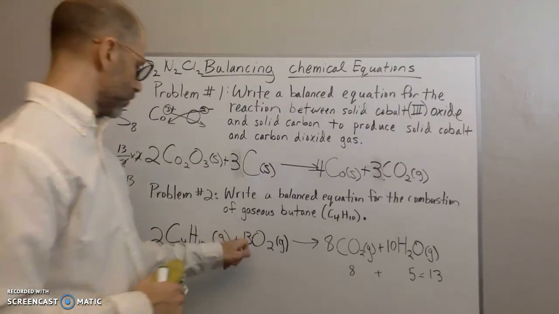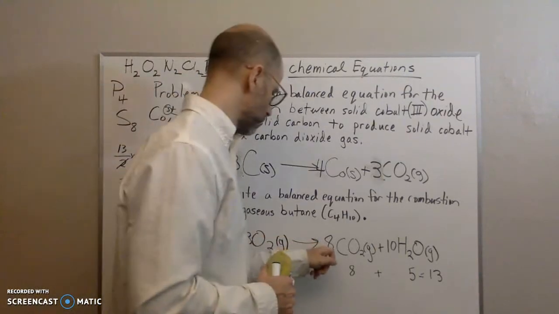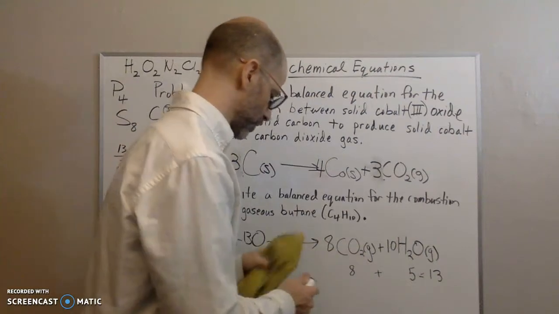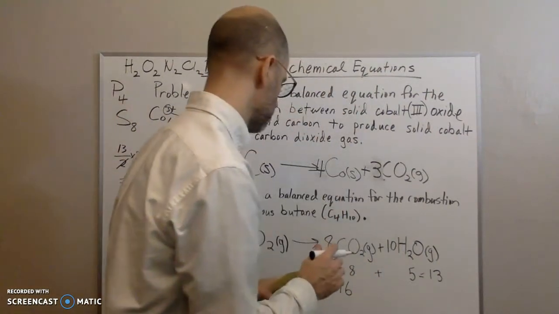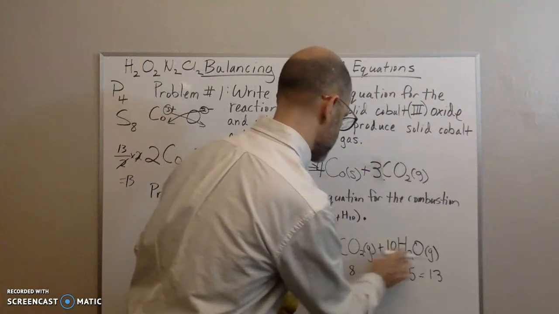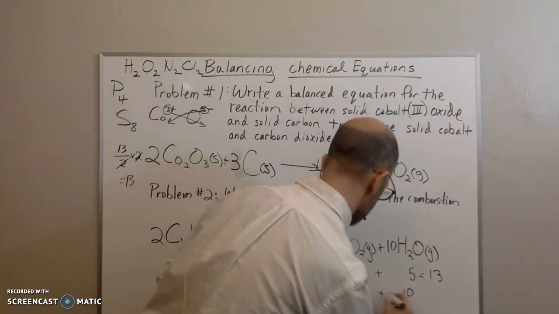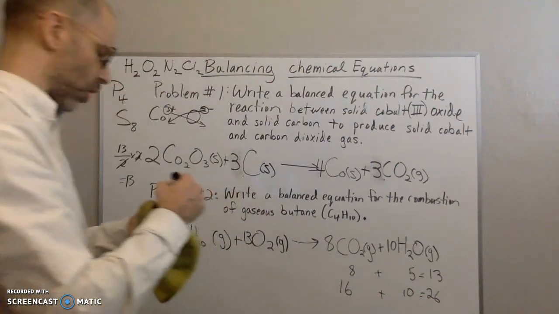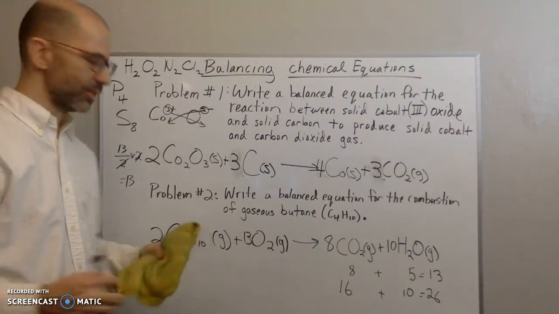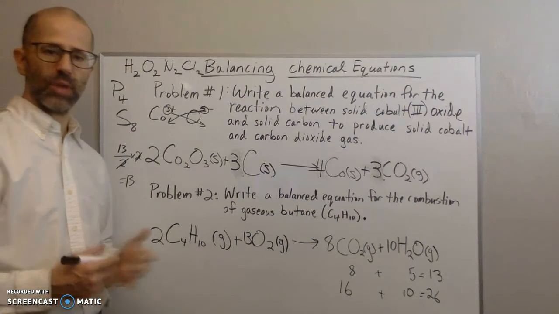And finally, 13 times 2 gives me 26 oxygens. 8 times 2 gives me 16, right? And then 10 times 1 gives me 10, and 16 plus 10 gives me 26. So everything is still balanced. That is going to be my final balanced equation.